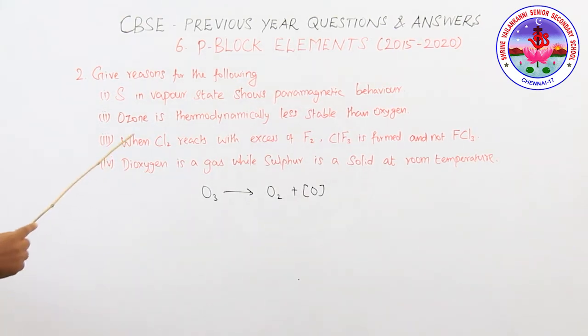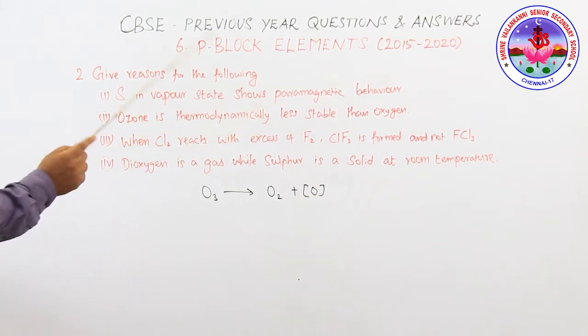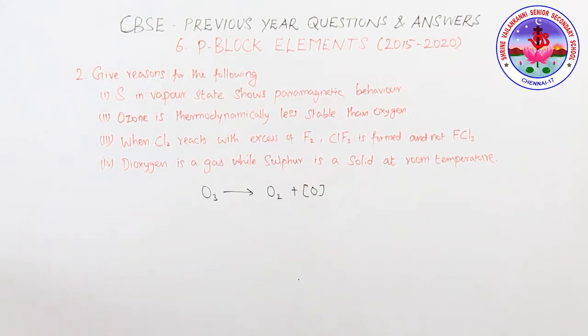So this is the reason you have to write: ClF3 exists because chlorine has d orbitals, whereas FCl3 does not exist as F does not have d orbitals. So fluorine cannot show the +3 oxidation state. So this is the answer.